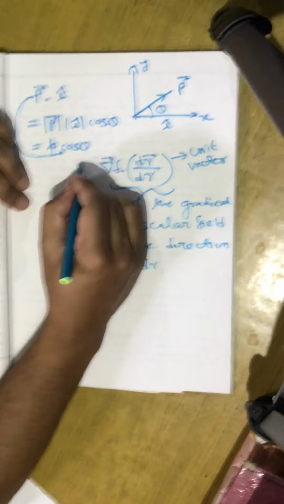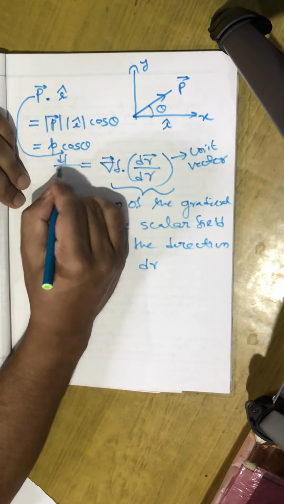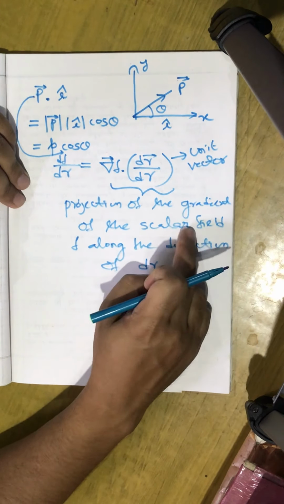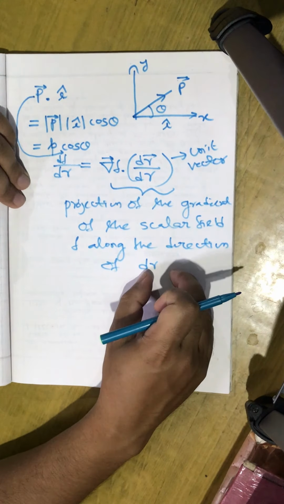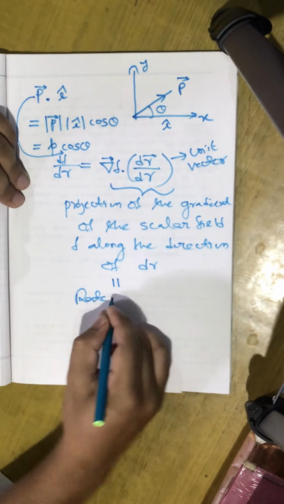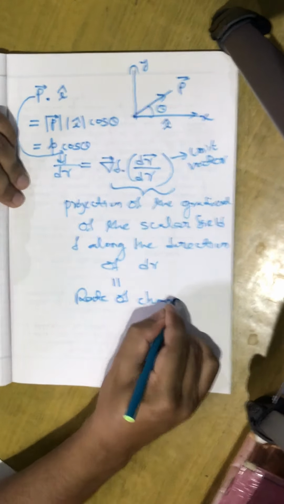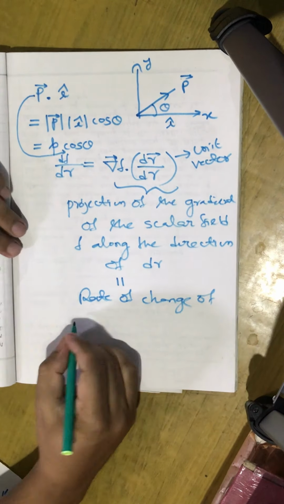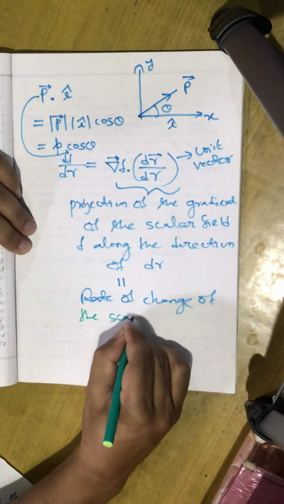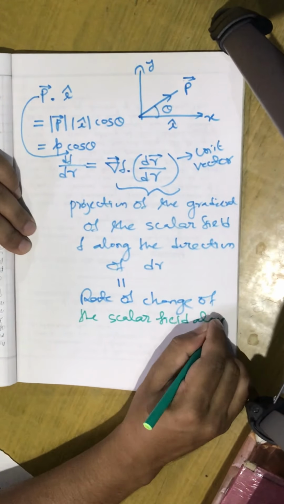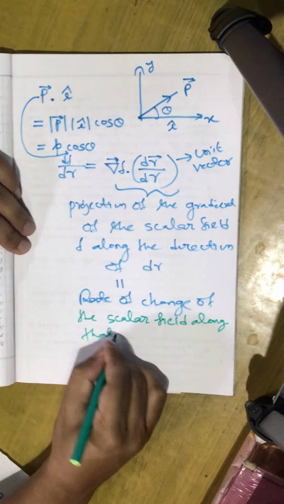So this quantity is equal to how much? df divided by dr. So the projection of the gradient of a scalar field along the direction of this dr is equal to the rate of change of the scalar field along that direction.